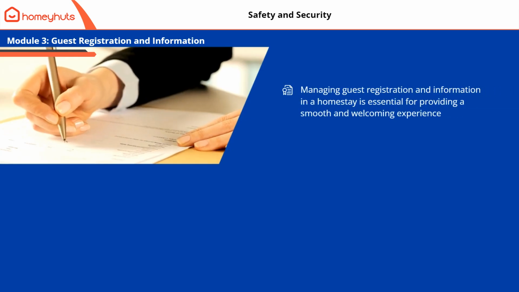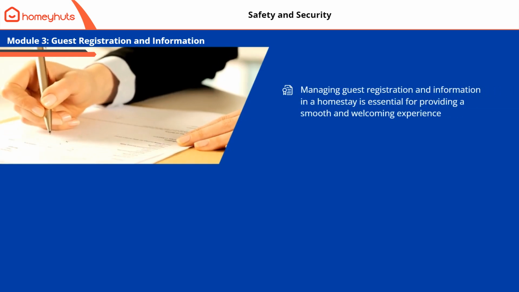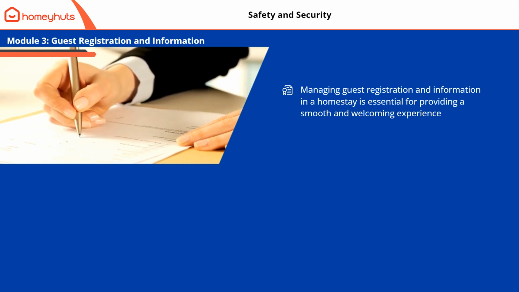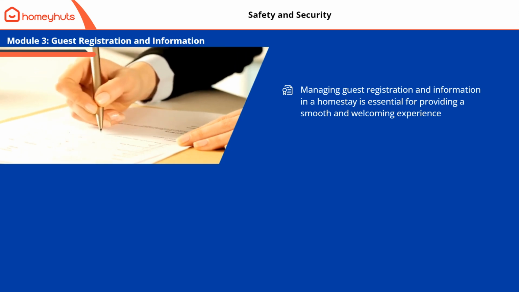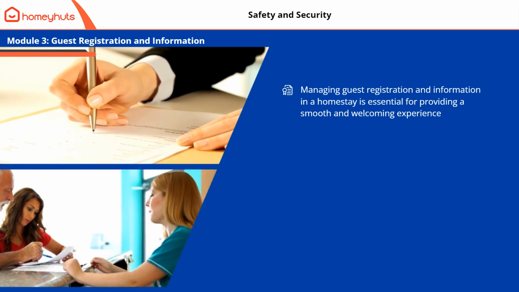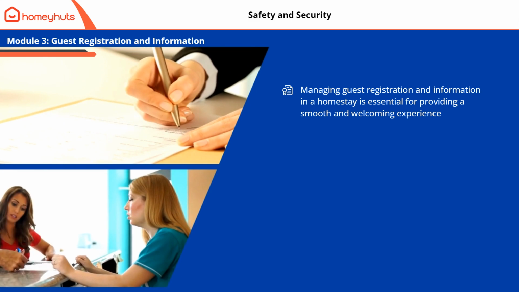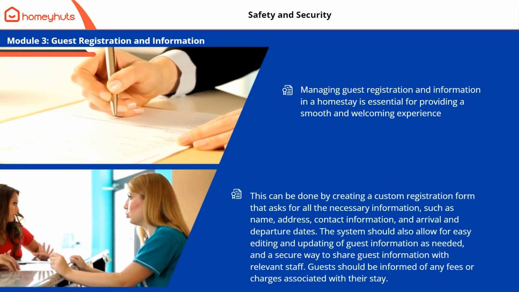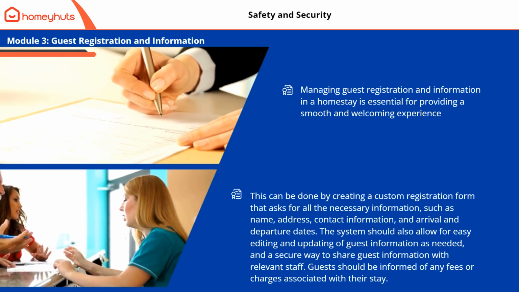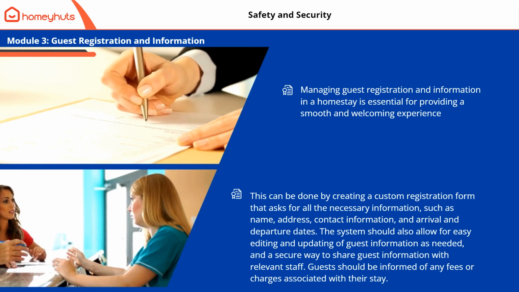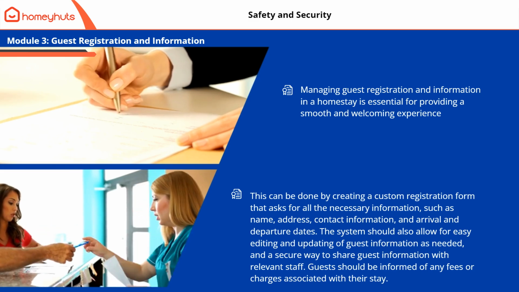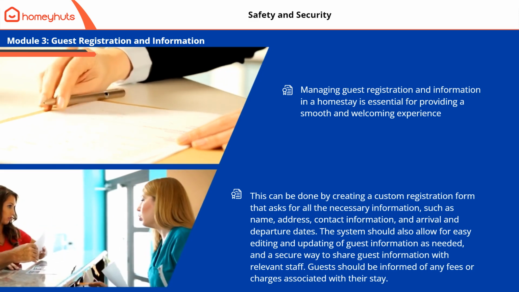Furthermore, in the third module, we will learn about guest registration and information. Managing guest registration and information in a homestay is essential for providing a smooth and welcoming experience. This can be done by creating a custom registration form that asks for all the necessary information such as name, address, contact information, and arrival and departure dates.